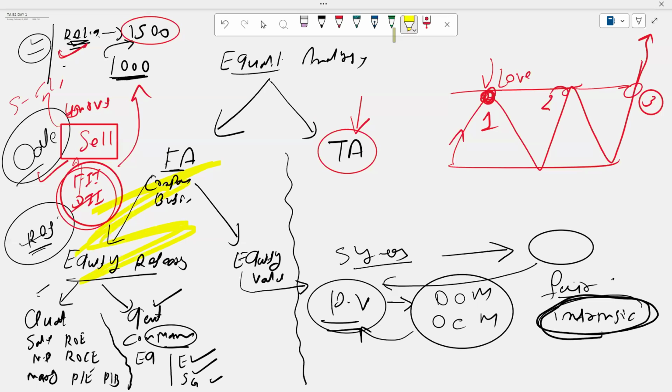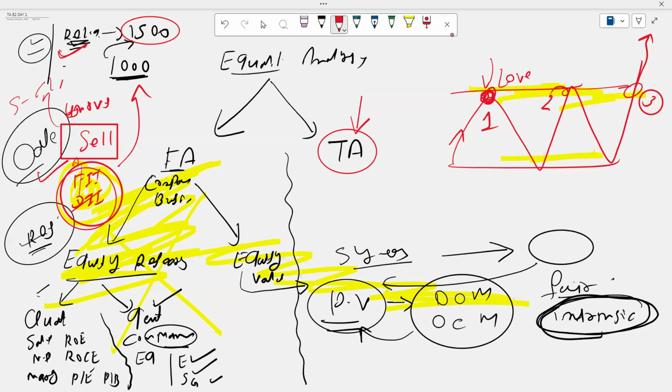We will neither study the company business, nor do anything related to fundamental analysis. We will just follow the FIIs and DIIs or high net worth individuals, or whatever you can say, like mutual funds, ultra high net worth. These people will create a chart pattern, they will create a price action on the chart, and we will study this price action.